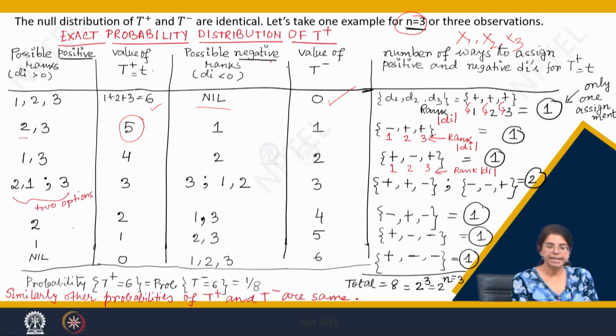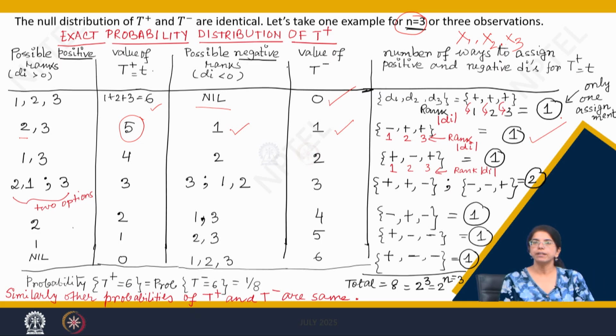So possible negative rank is 1, value of T minus is 1. T minus means once again sum of the ranks of the negative observations. So you can look at this assignment and you will find minus, plus, plus. This is the first observation, 2 means the second observation which has the rank 2 and the third observation which has rank 3. So is there any other way you can arrange this plus minus so that the sum of the ranks of the positive observations is still 5? No, there is no other way.